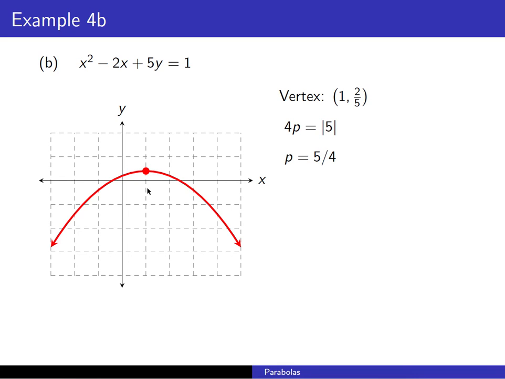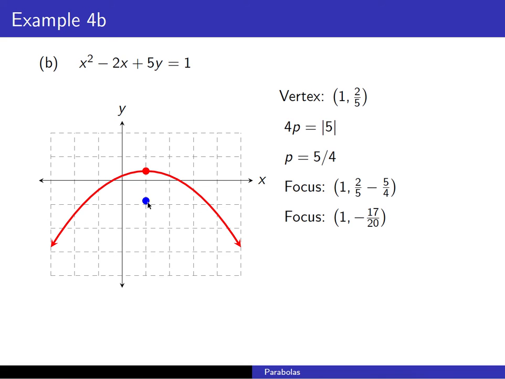So we're going to count 5/4 of a unit down below the vertex to get our focus point, and 5/4 of a unit above the vertex to get the directrix line. Our focus point is going to have the same x coordinate as our vertex, but we take that 2/5 and subtract 5/4 from the y coordinate of the vertex, and when we do that, we get -17/20.